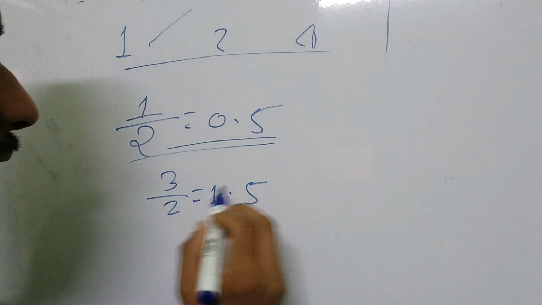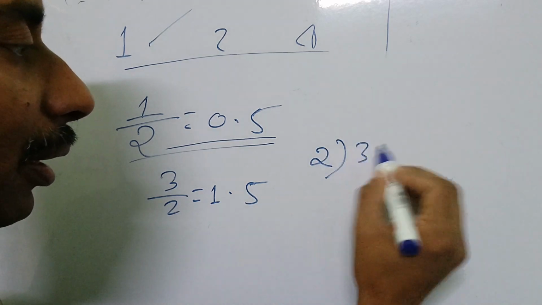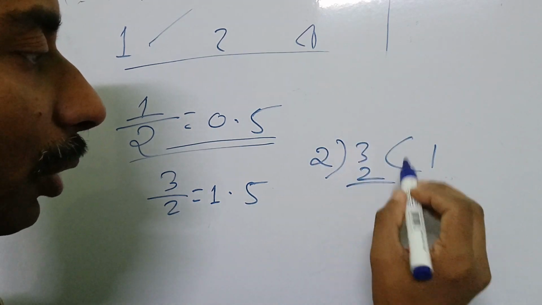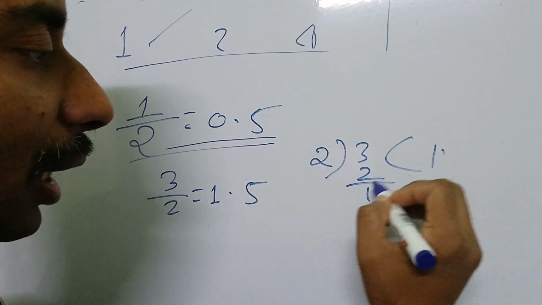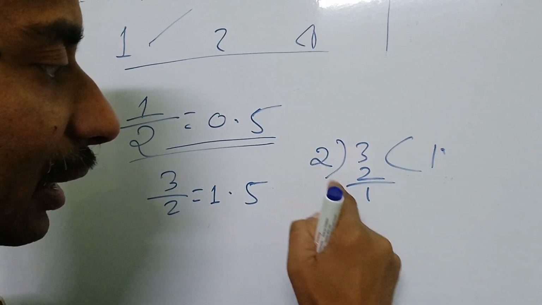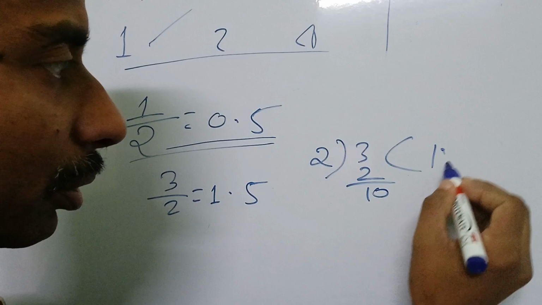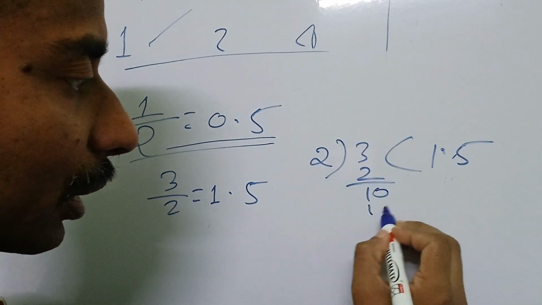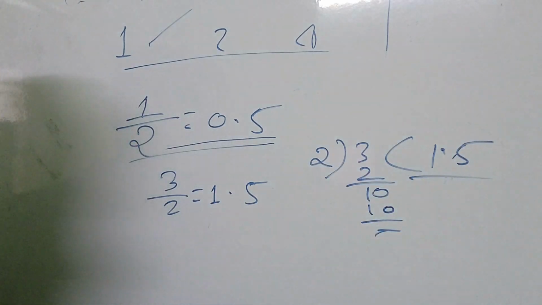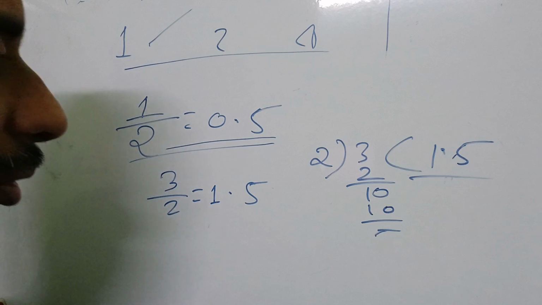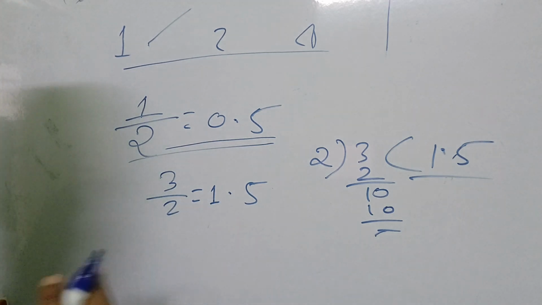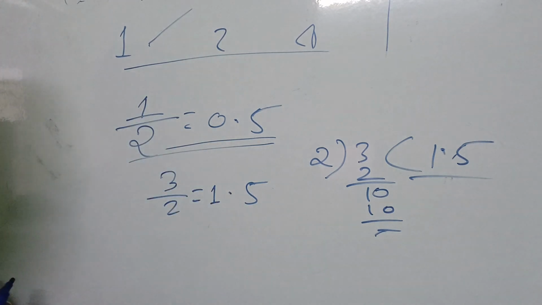We divide; that is a very beginner's concept. 2 into 1 is 2, 1 here. This one is less than this one. So 0, and 5, 2 fives are 10. It is called 1.5.